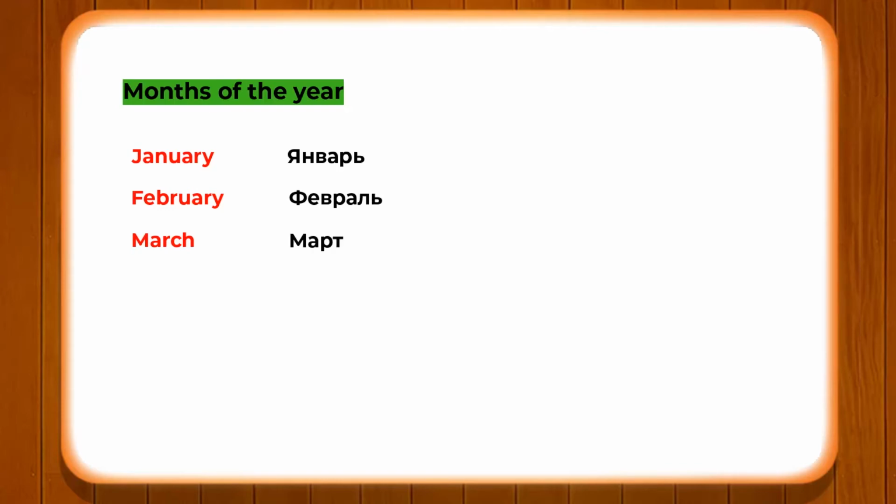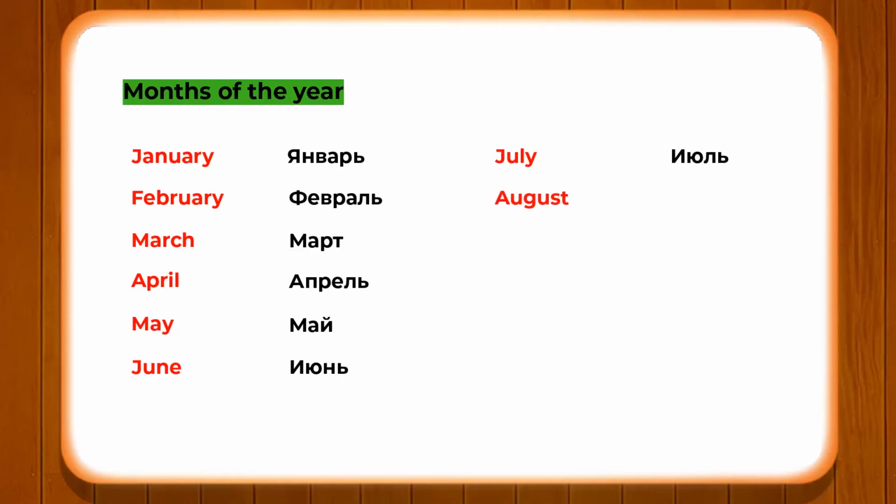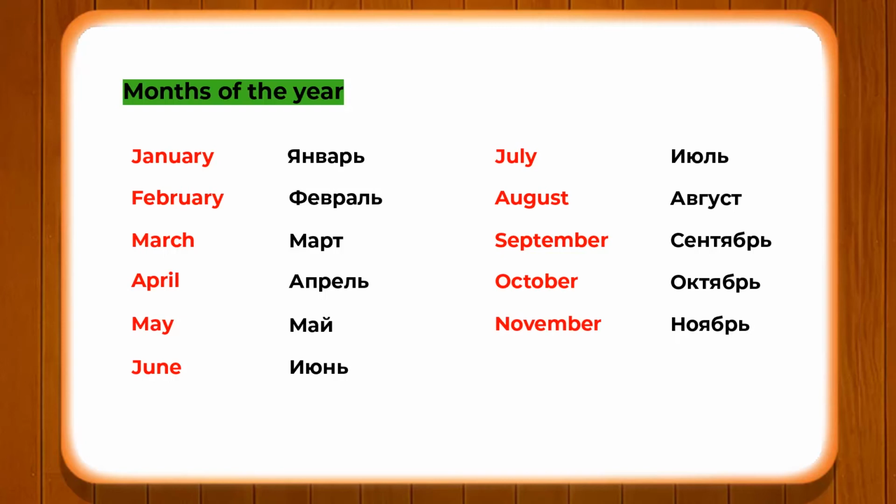As you know, in Russian we have all months defined very well, and now we can talk about these months as January, Yanvar, February, Fevral, March, April, May, June, July, August, September, October, November, Noyabr, and December.